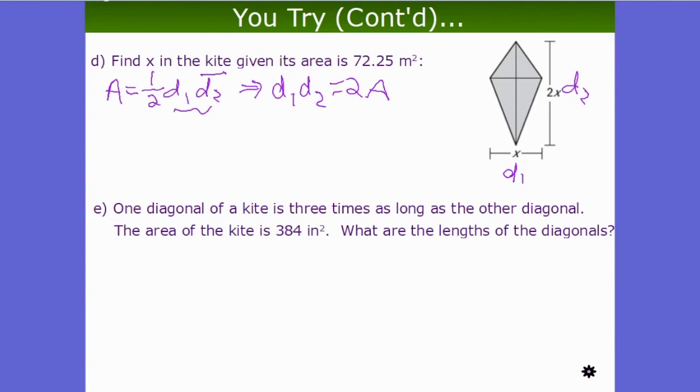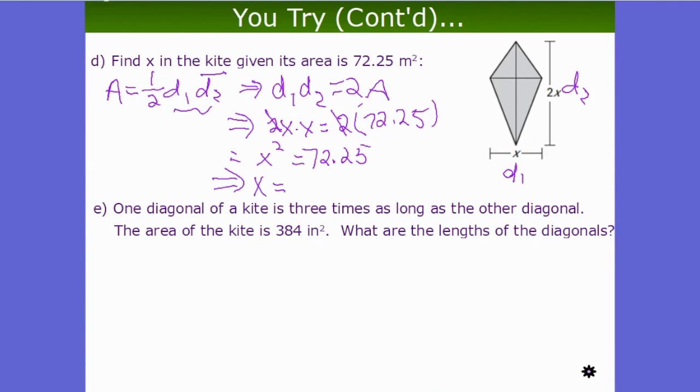Because multiplying both sides by 2 cancels out that half. d1 times d2, so if I multiply these two things, it's 2x times x equals 2 times this area of 72.25. So, oh, look, these 2's will cancel right out. I think that's the easier way to handle that part. So x squared equals 72.25.